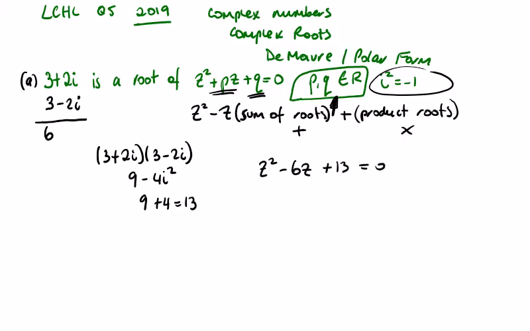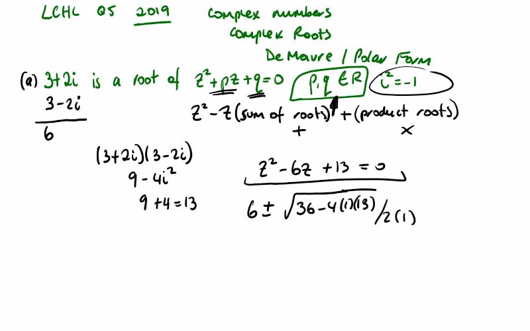Now let's just use the quadratic formula here to verify this. Minus b is 6 plus or minus the square root of b squared, which is 36, minus 4 times a, which is 1, times c, which is 13, all divided by 2 times 1, 2a.